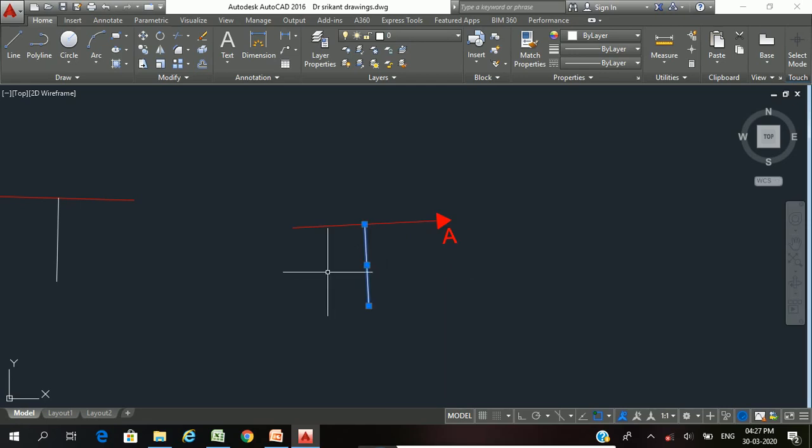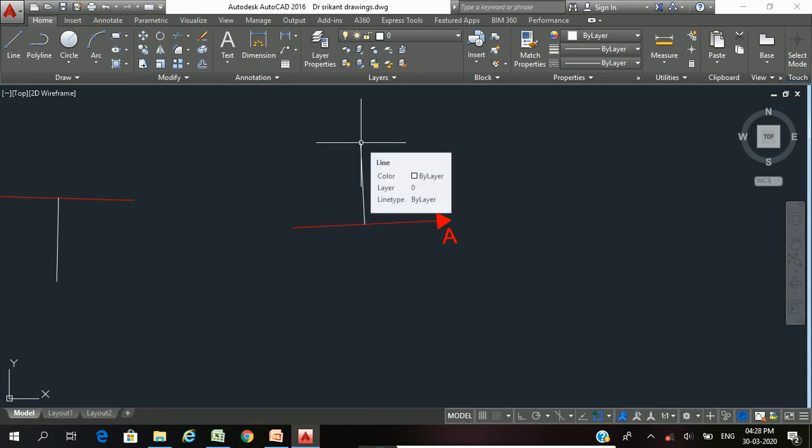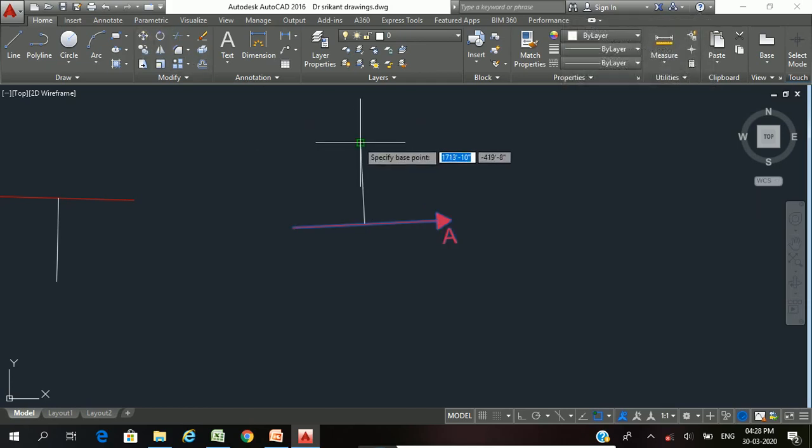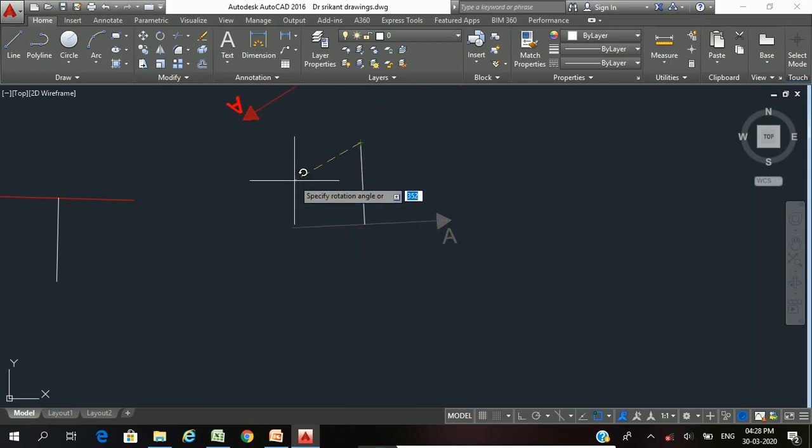For the same force, if I consider a point here, about which I want to find out the moment, I will select this object. About this point, if I want to find the moment, see what is happening. It is rotating in anti-clockwise direction.